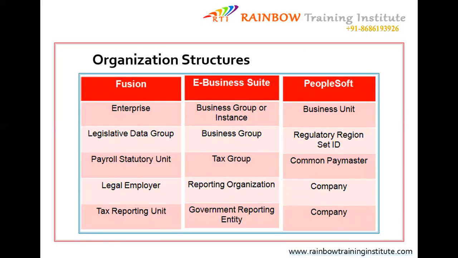Coming to the payroll statutory unit, in EBSuite we have the tax group classification for any organization, and we have the common paymaster functionality in PeopleSoft. In Fusion we call it a legal employer, and in EBSuite we call it a reporting organization. Whichever organization you report as, you classify it as a reporting organization.